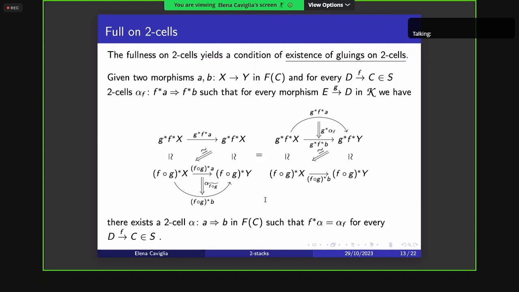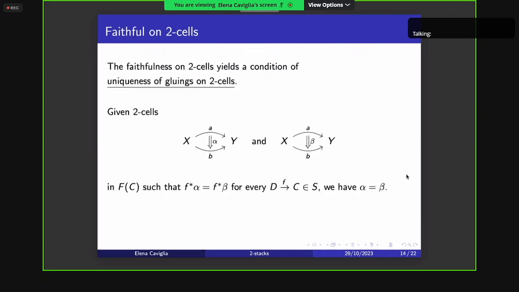And then if we have this data, we can find a 2-cell alpha from A to B in F of C, such that F star of alpha is alpha F for every F. And so here we're saying that the matching families for 2-cells have at least an amalgamation. So this is the condition that we need to ask if we want to say that this 2-stack F is a sheaf on 2-cells.